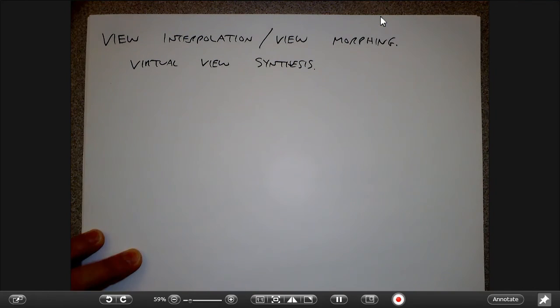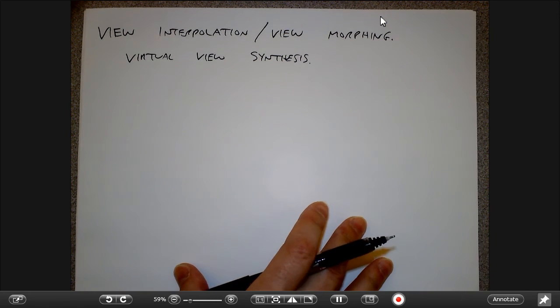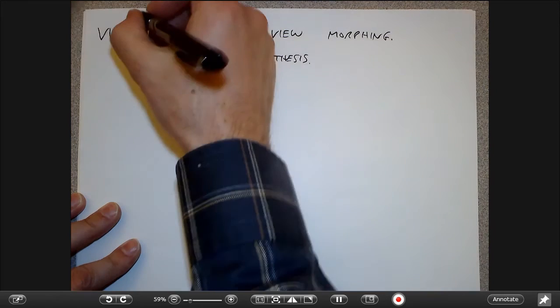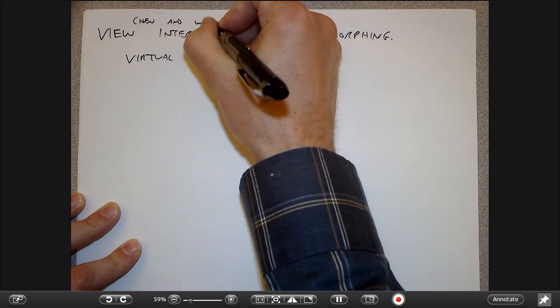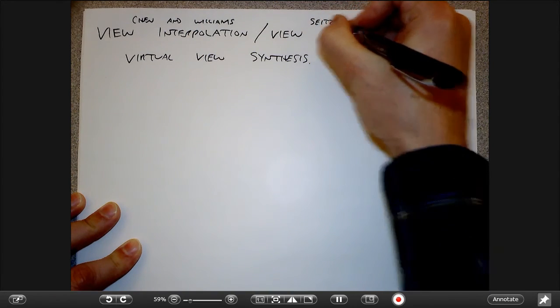And to be honest, this is some work that I was involved with like 12 plus years ago for my PhD thesis. I was doing virtual view synthesis. And so I'll tell you the story in just a second. So basically, this is building off of a couple of key papers, view interpolation by Chen and Williams, and view morphing by Seitz and Dyer.